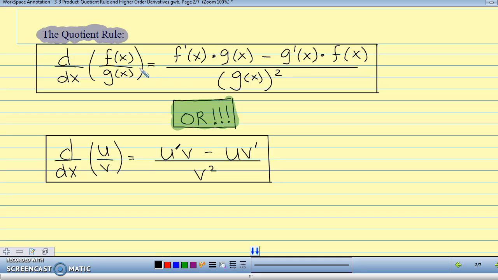Once you take the derivative of, let's say, f of x over g of x, it's the derivative of the top function f times the bottom function g minus the derivative of the bottom function g times the top function f, all of it over the bottom function g of x squared. Or again, in simpler words, the derivative of u over v is u prime v minus u v prime over v squared. Okay, so let's look at some examples.